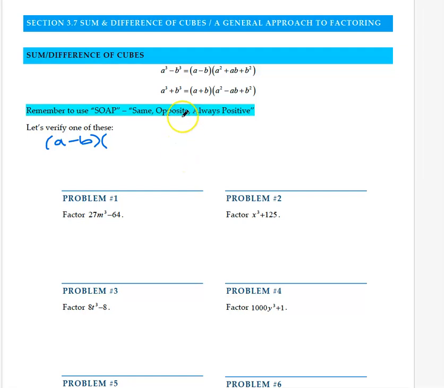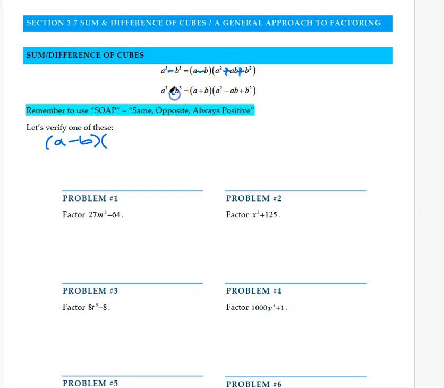Just once. Okay. So here we have, like I was saying, the same, opposite, and always positive. Whatever sign is in front here is the same as that one. This one's the opposite of what we started with, and the last one's always positive. And the same thing down here.